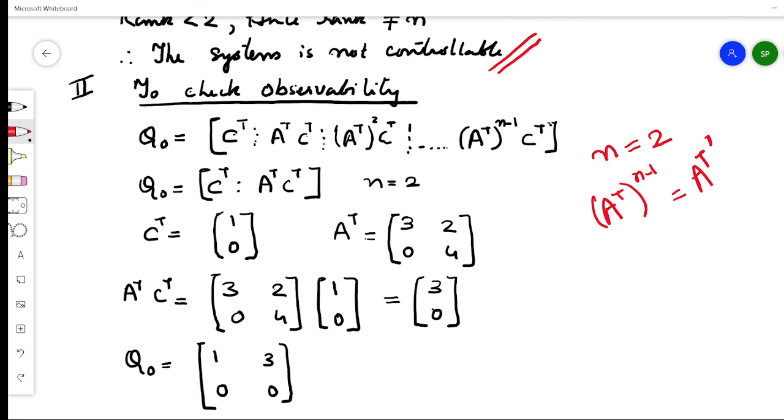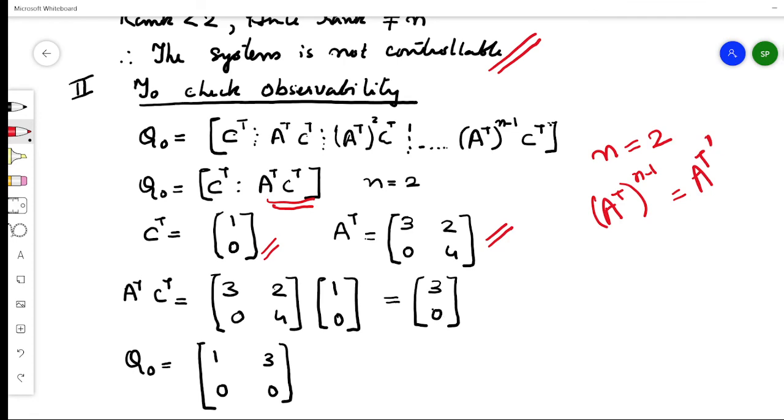Then we need to find A transpose C transpose. This is the transpose of matrix A and this is the transpose of matrix C. So multiplying 3, 2, 0, 4 into C transpose, that is 1, 0, we get the answer as 3, 0.